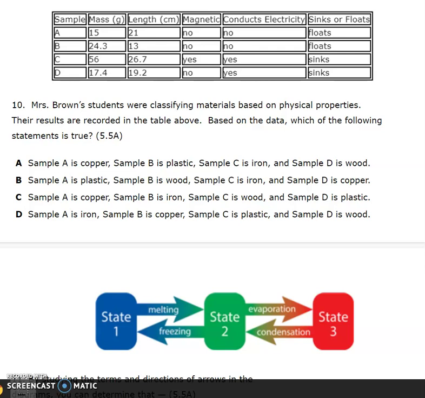C. Sample A is copper, sample B is iron, sample C is wood, and sample D is plastic. Or D. Sample A is iron, sample B is copper, sample C is plastic, and sample D is wood. The headings on the chart are sample, mass, length, magnetic, conducts electricity, and sinks or floats.